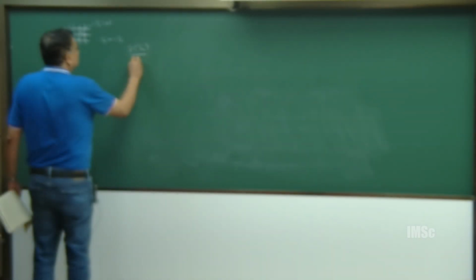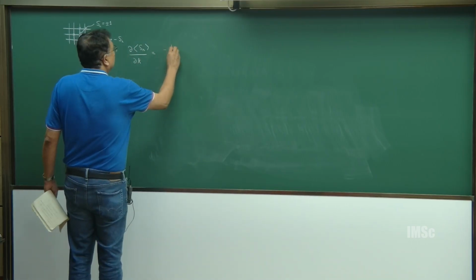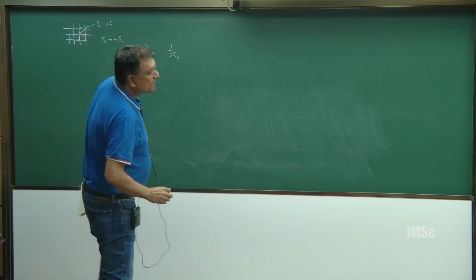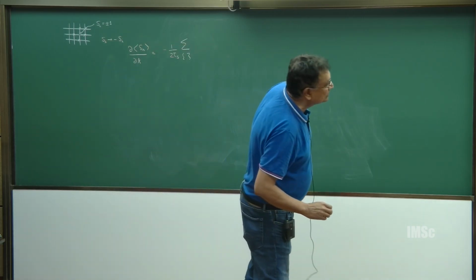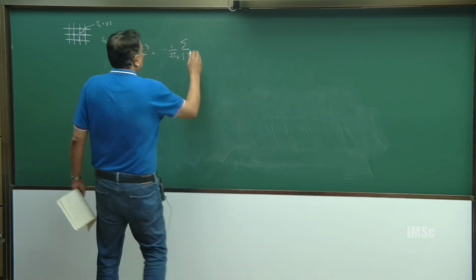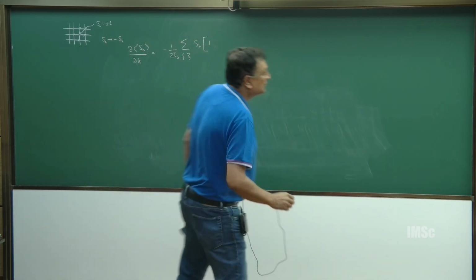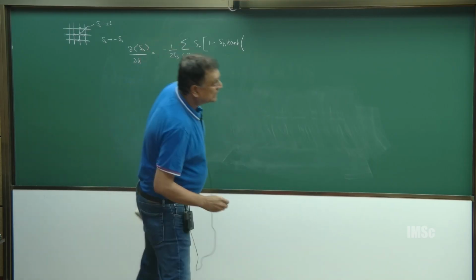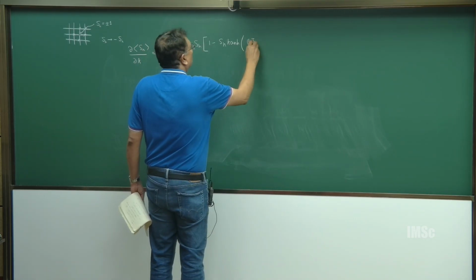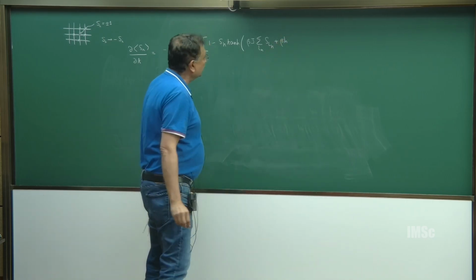So this allows me a huge cancellation as follows: the average of dSn by dt is equal to minus 1 over 2 tau s, I have this summation in front, and then I'm going to separate out the terms where I have Sn times [1 minus Sn tanh of beta J sum over l of J_ln S_l plus beta h], right?